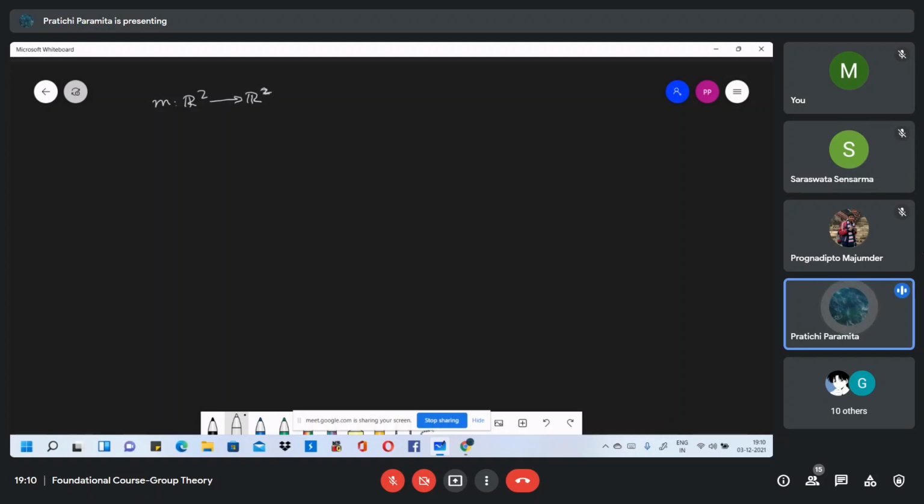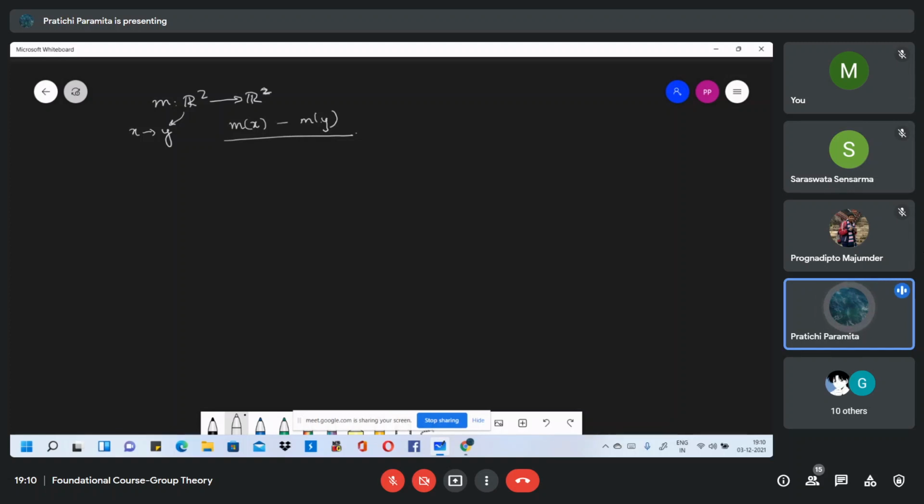It is a rigid motion if the distance between x and y in R2 is the same as the distance between Mx and My. This is called a rigid motion. If a rigid motion carries a subset to itself, it is called a symmetry.